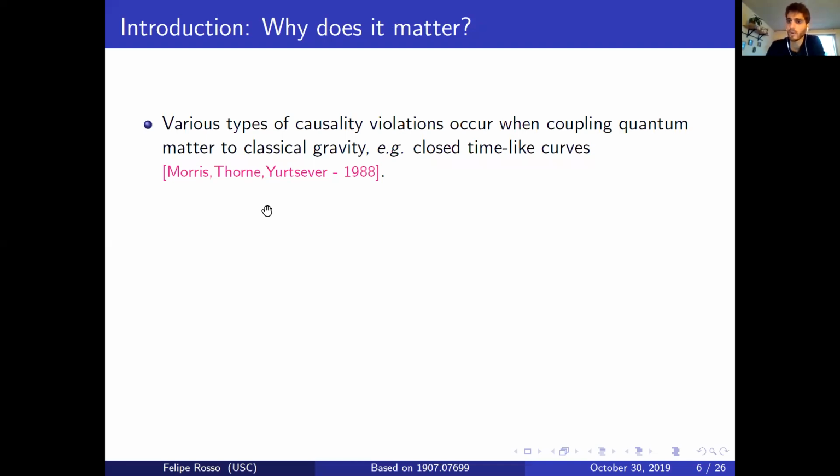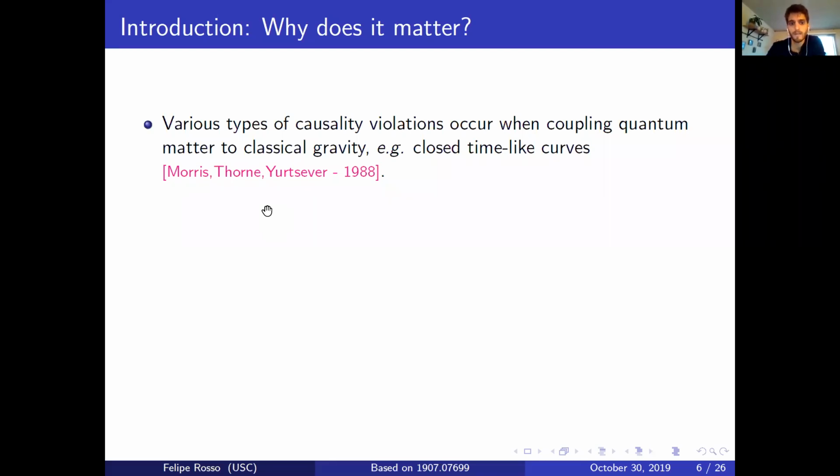The first one is old, then the second one is more new. So the first one comes when you take a quantum field and you couple to classical gravity. What do I mean by this? I mean you take the quantum stress tensor of some matter field, let's say a scalar field, and you try to use that as a source to solve Einstein's equation.